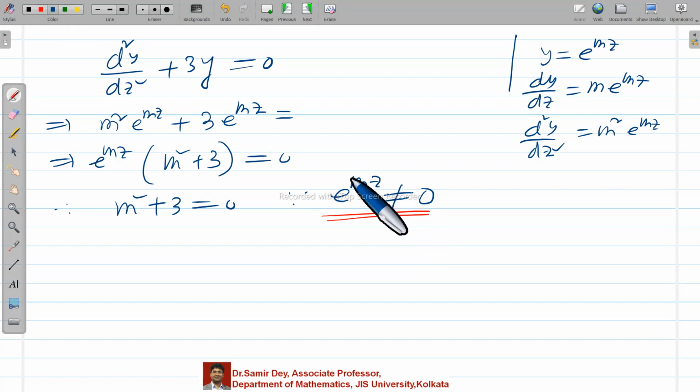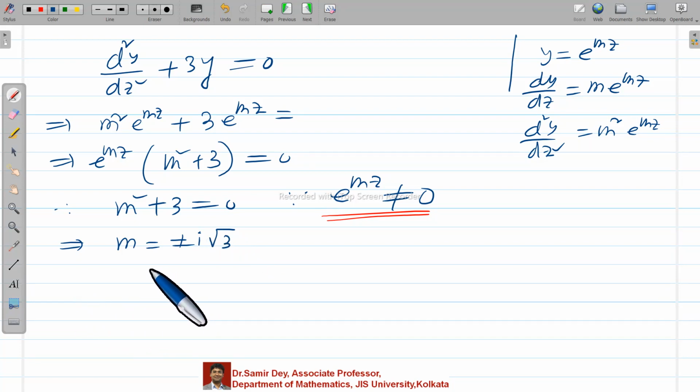Why it is not equal to 0, you already know from the previous video, but still I'm saying the reason: you have considered e to the power mz as a trial solution. If it becomes 0, then it is obvious the full equation becomes 0. So that's why you can't consider it as 0. The rest of the part you may consider as 0. So from here you may write m equals complex root, plus minus i root 3.